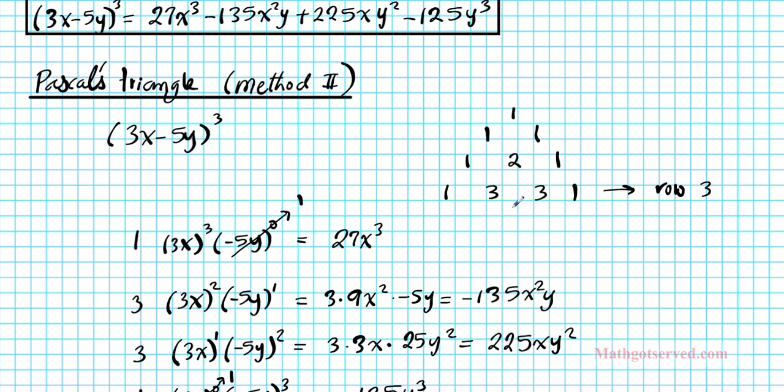So for lower rows, let's say the rows go as high as 4 or 5, you can use Pascal's triangle, that's faster. But when it starts to get to higher rows, then the binomial theorem is much faster. Okay, and also when you're looking for just one term in a row, you don't need everything, then the binomial theorem is also much faster and more effective in that approach. So that's basically it.